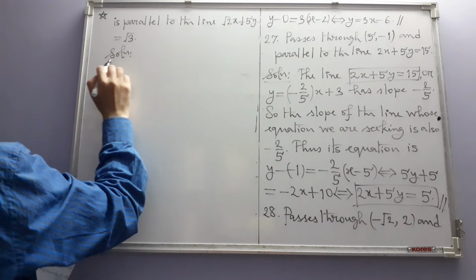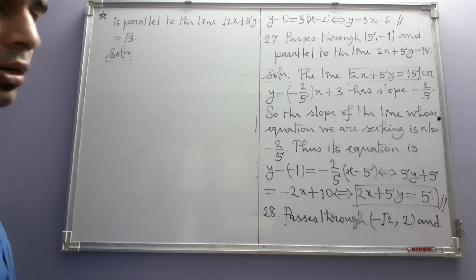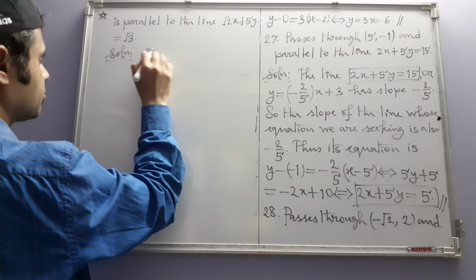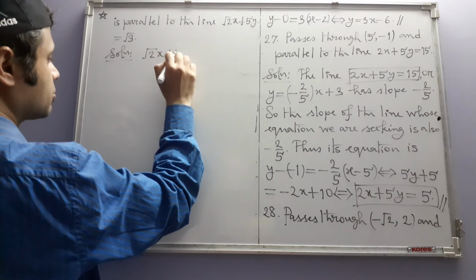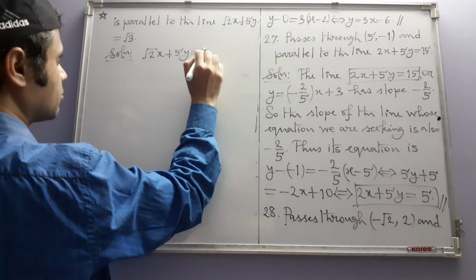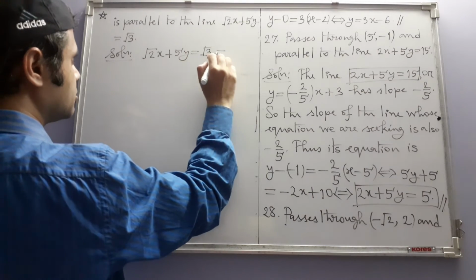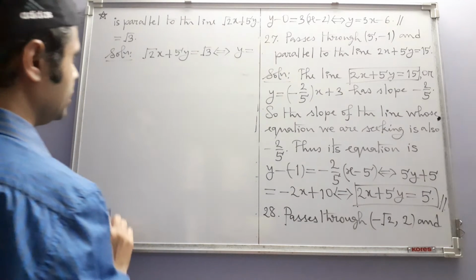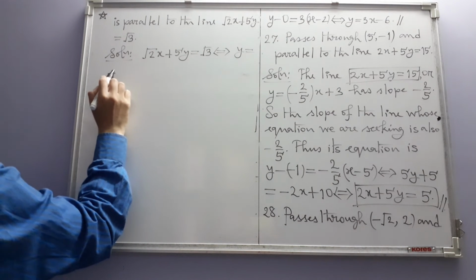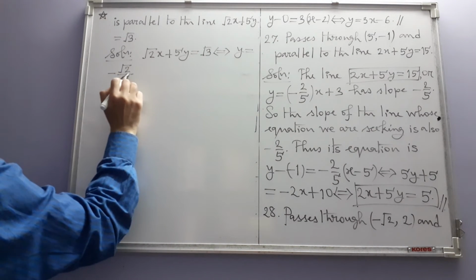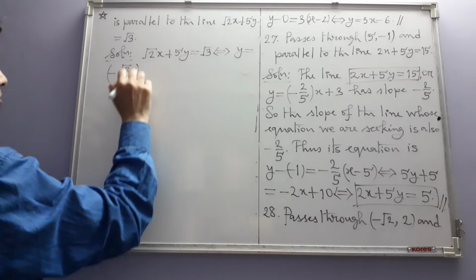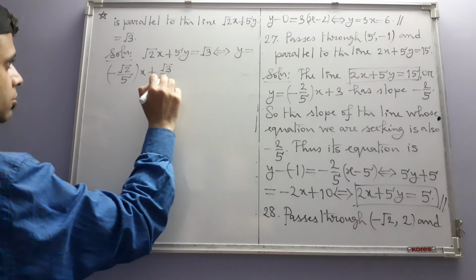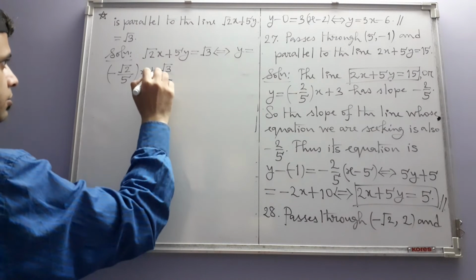So here we will just simply sketch the solution. First of all, this line is equivalent to this line, y equal to minus root 2 divided by 5 x plus root 3 divided by root 2.